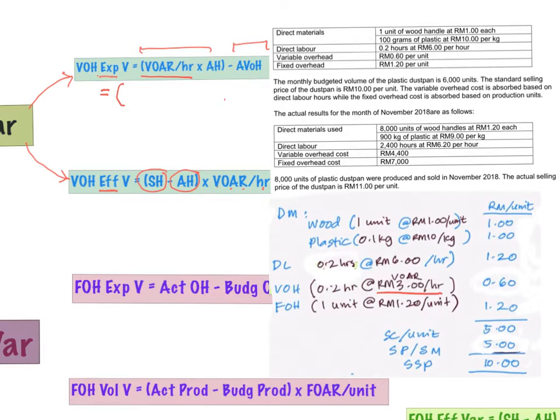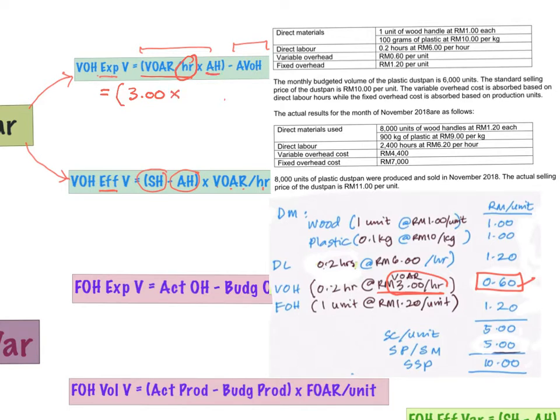Be careful when you choose which rate you are going to use. Is it VOAR per hour, which is here, or VOAR per unit, which is here? So look at the rate here. In here we have VOAR per hour is 3 ringgit. So you just take the 3 ringgit times the actual hours.